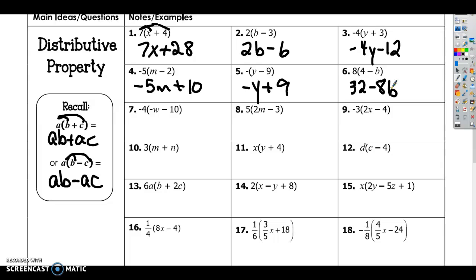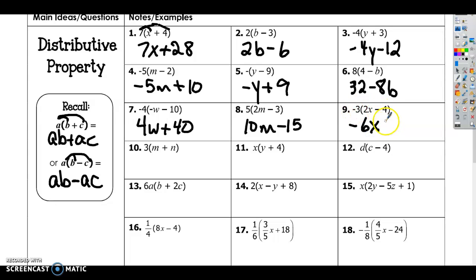Number 7, we've got a negative times a negative, which is a positive 4w. And a negative times a negative is a positive 40. Number 8, 5 times 2m is 10m, and 5 times negative 3 is negative 15. All right, number 9, you've got negative 6x.